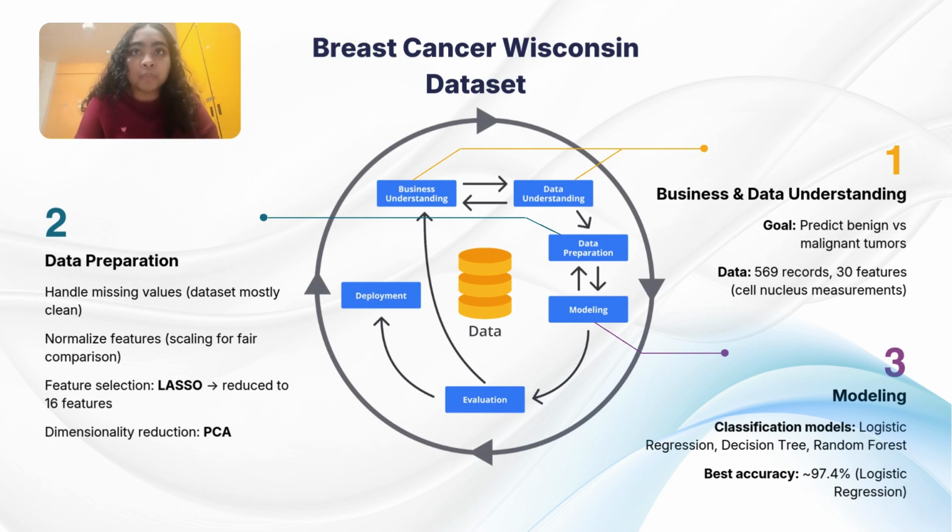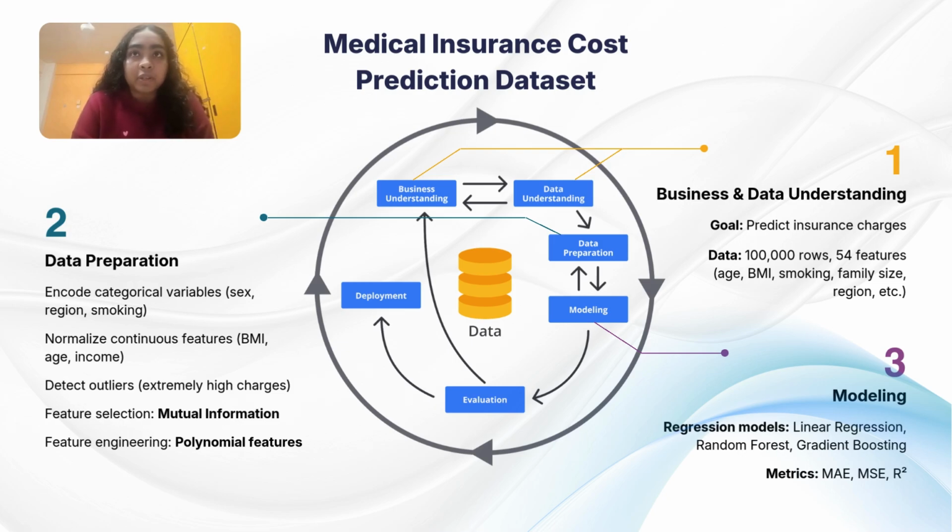We also performed PCA to reduce dimensions further. For modeling, we tested logistic regression, decision tree, and random forest. Among these, logistic regression performed the best with an accuracy of around 97.4%.